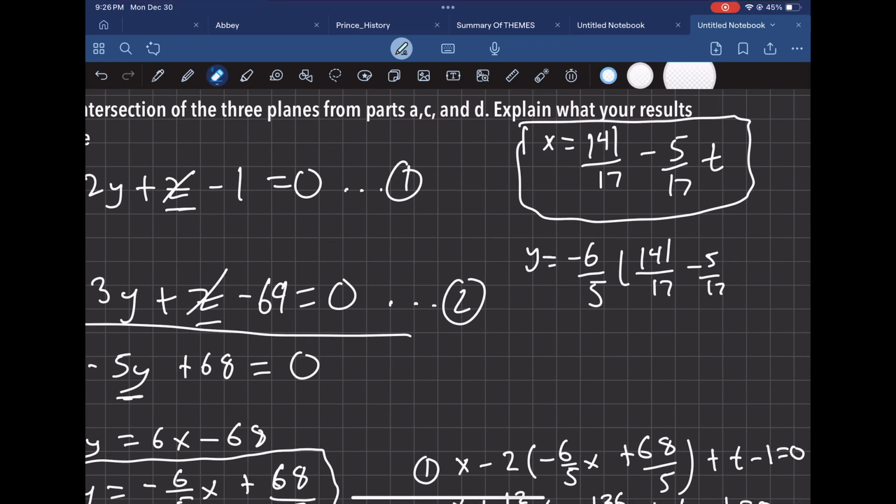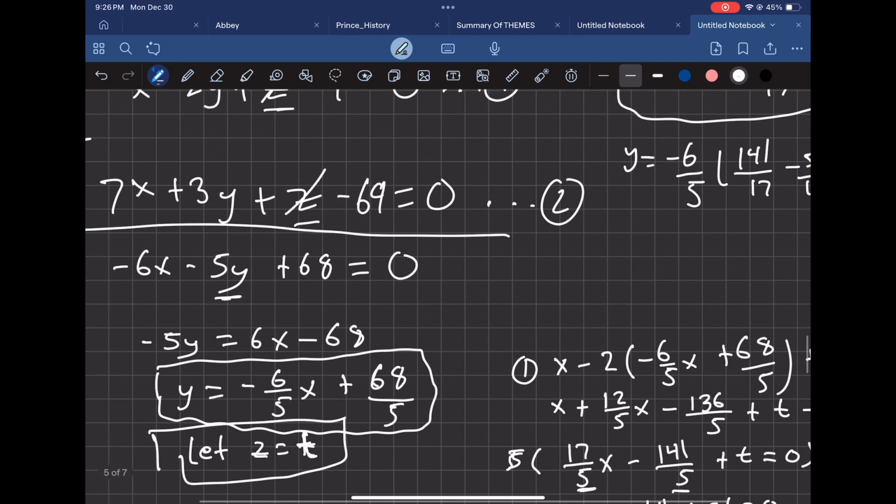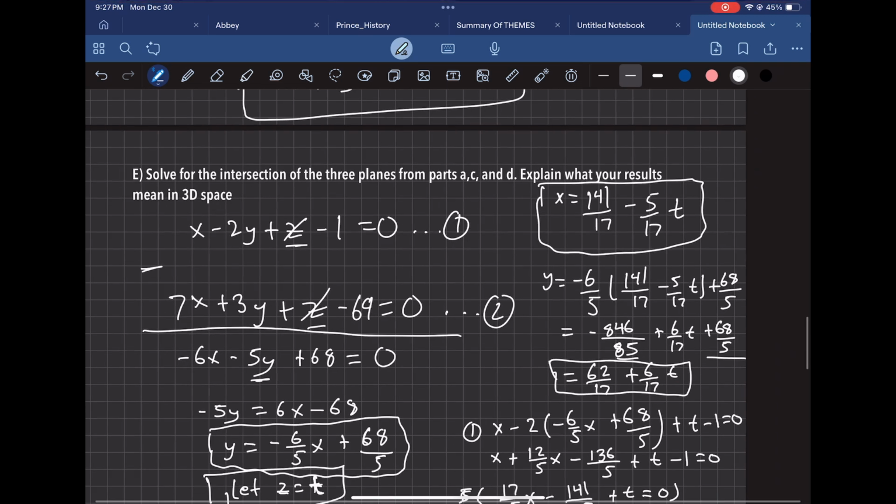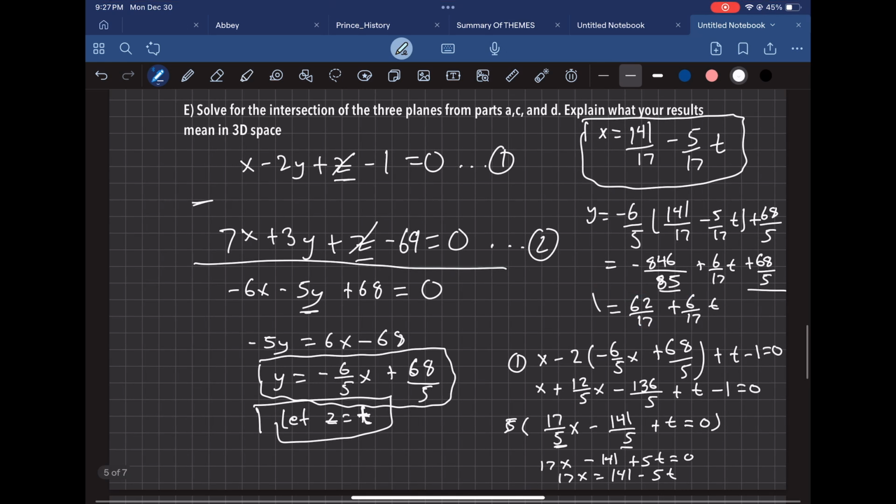Adding these two, we get 62 over 17 plus 6 over 17t. So y is equal to this.